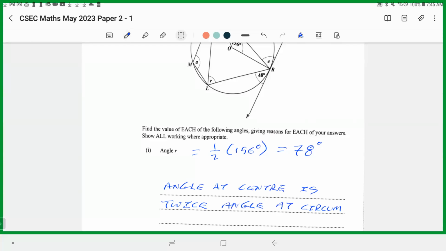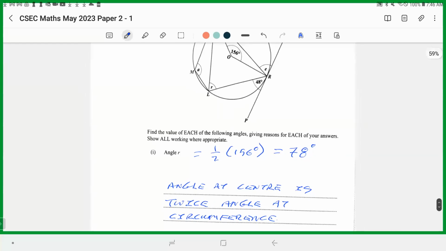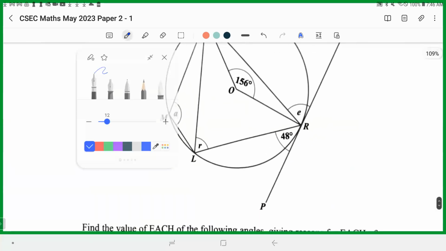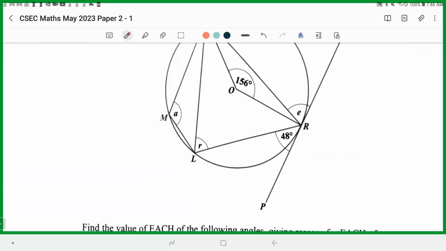Write it down here. Angle at the center is twice the angle at the circumference, so the angle at the circumference is half. So 78 degrees is the angle at the circumference, half of the 156. I'm going to put it on the diagram right now. So this angle right here is 78 degrees.